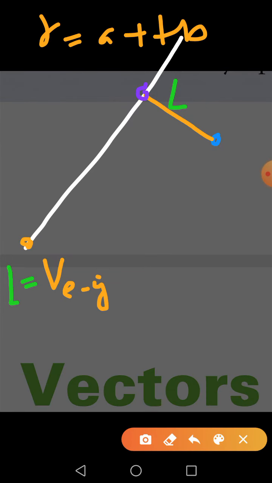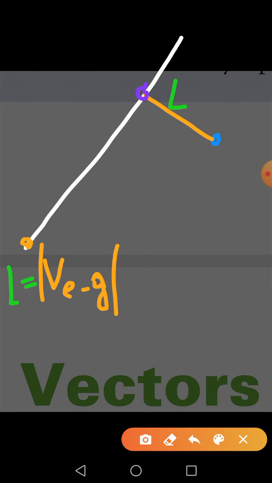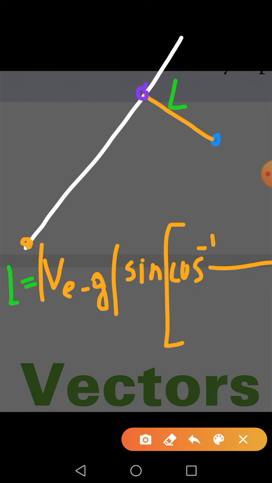Here a is the given point, and here we are calling it g. So the vector from the external point to the given point is the modulus of the vector from the external point to the given point, into sine, okay, cos inverse. I think I won't have enough space.